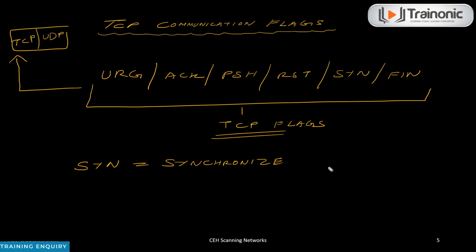So how do we know how the three-way handshake works? Let me clarify with the synchronization bit and the acknowledgement bit. Let's say I have got 2 computers.